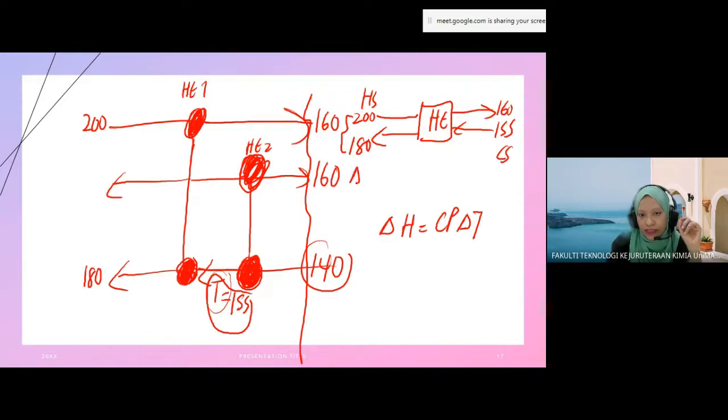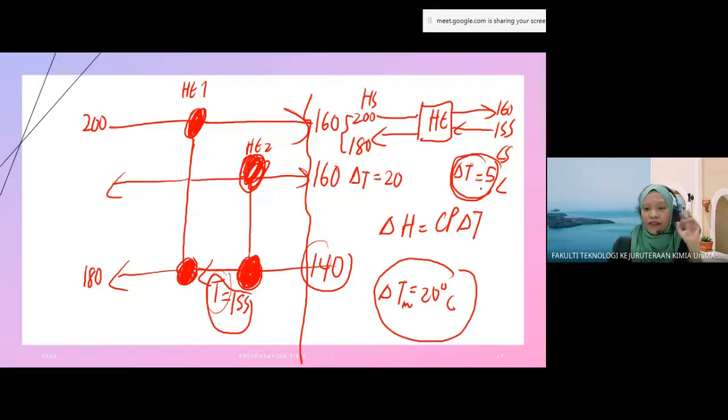Now, you need to calculate the difference between these two temperatures, between hot and cold. What is the delta T here? 200 minus 180, which is equal to 20. And then this one, 160 minus 155, delta T here is 5. Meaning that, because delta T min just now is 20, because T hot pinch minus T cold pinch is 20 degrees, right? So delta T of 5 here is lower than delta T min, which is not feasible.